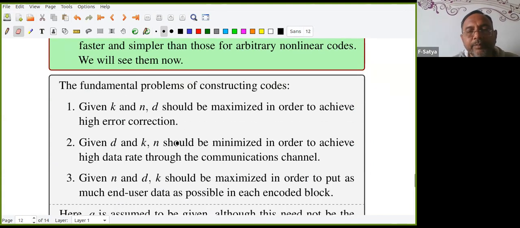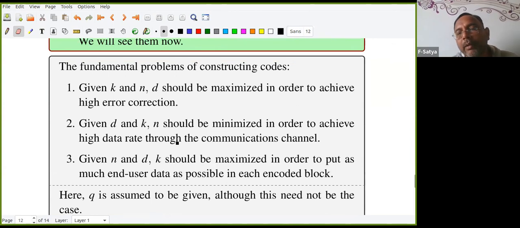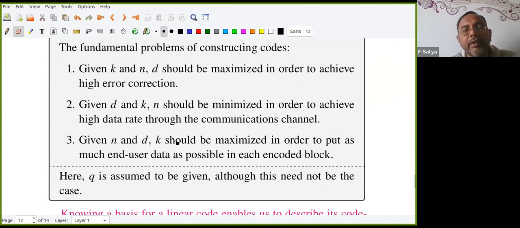Now coming back, the fundamental problems of constructing codes, in particular linear codes. Given k and n, d should be maximized in order to achieve higher error correction.